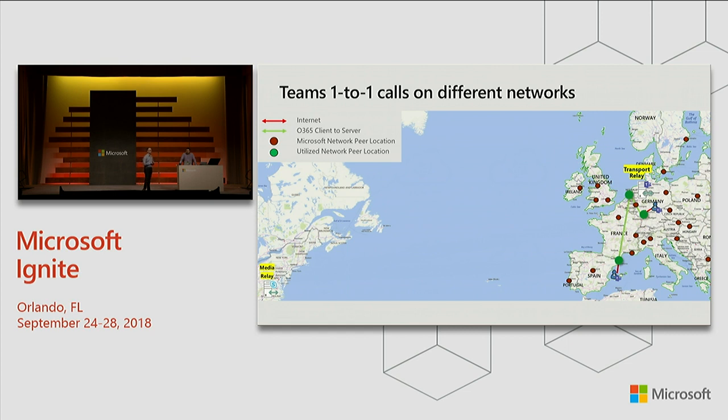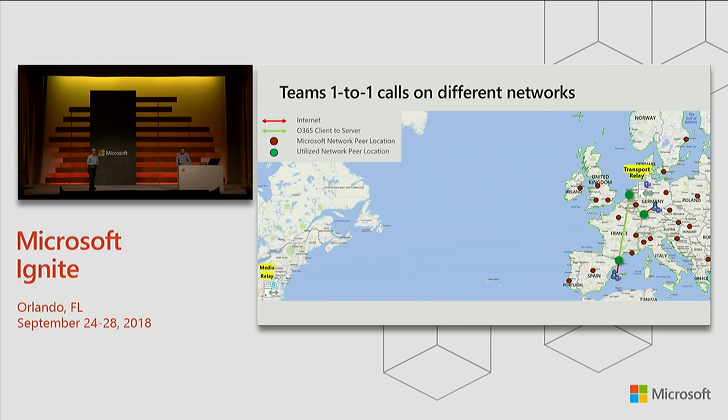Think of this as the same IP address that all this transport relay capacity is listening on around the world, and wherever your traffic egresses onto Microsoft's network, you will get connected to the closest transport relay to that physical location from a routing perspective, the most optimal path to that server.